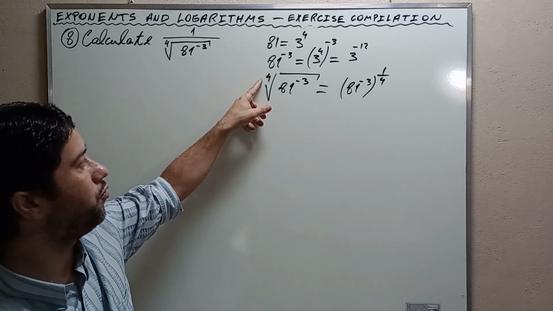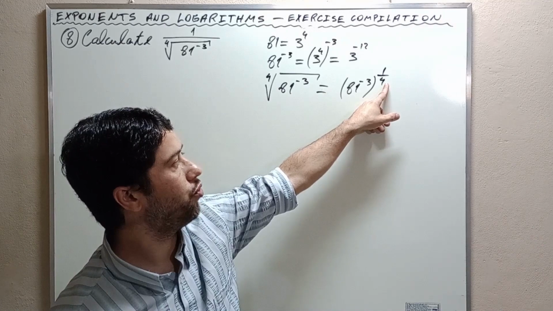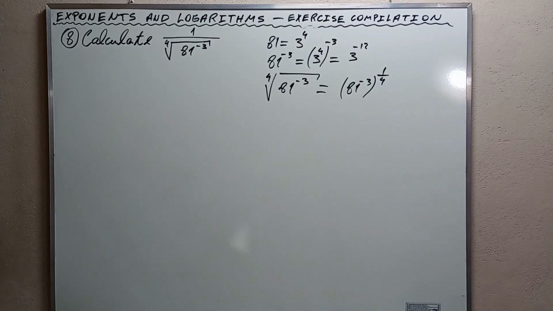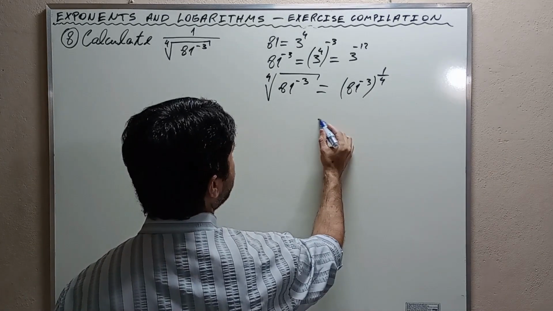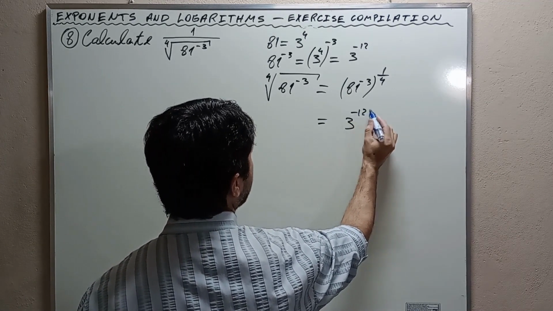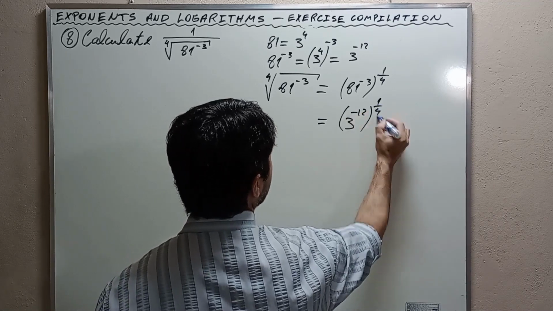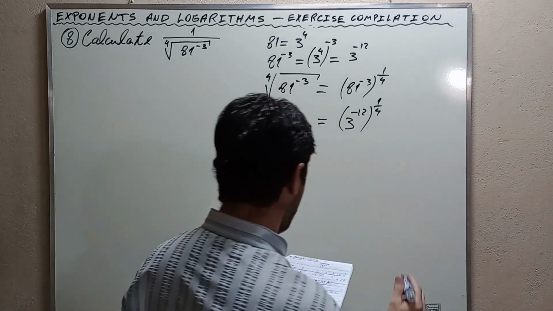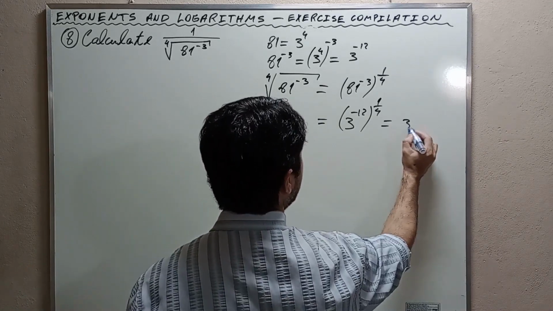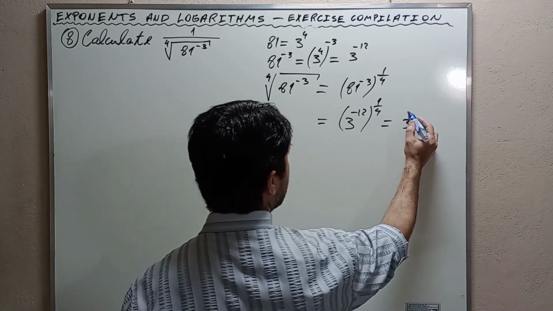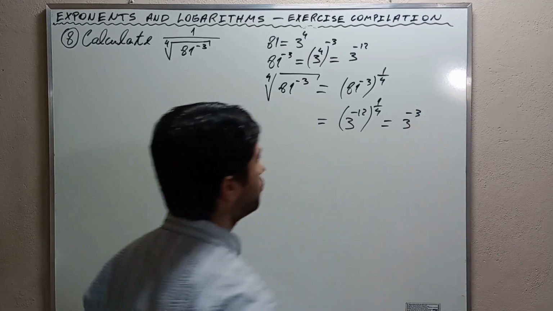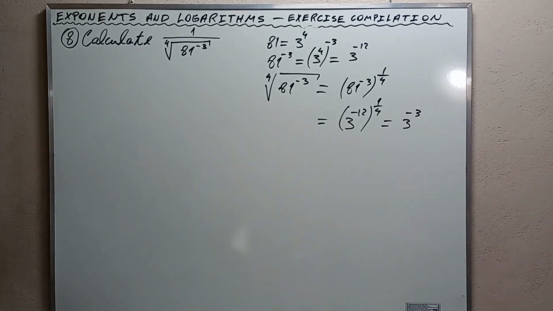The 4th root is similar to raising the number by a 4th. And in this way, we are going to convert it to 3 raised to the power of negative 12 raised to the power of a 4th. And this is equal to 3 raised to the power of negative 3.